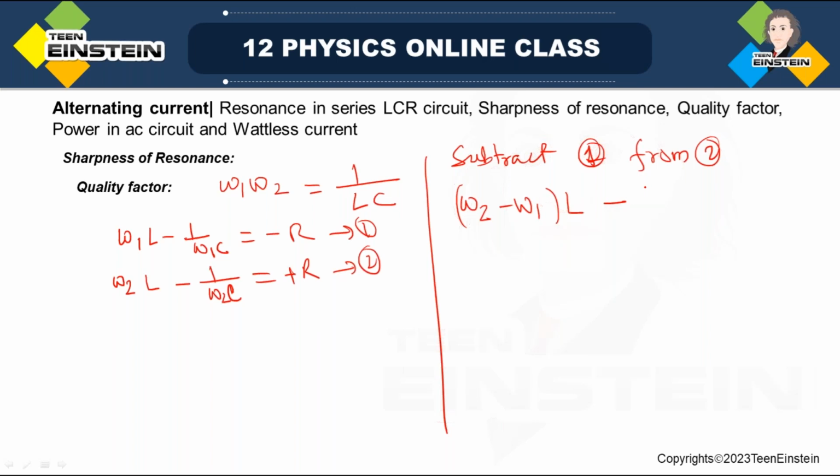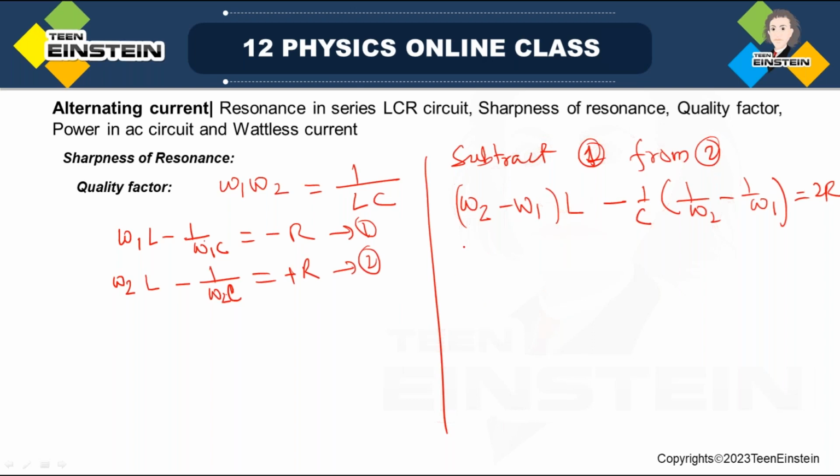Let me take 1 over C common, subtracting this from this, is equal to 2R, or minus 2R from 2. Okay, this will be plus only.